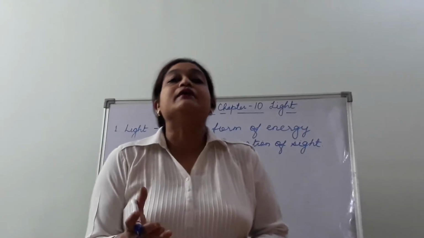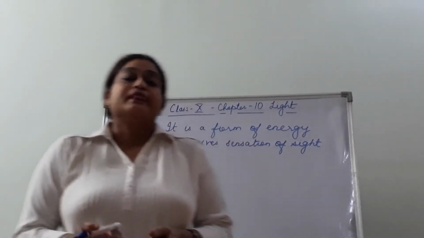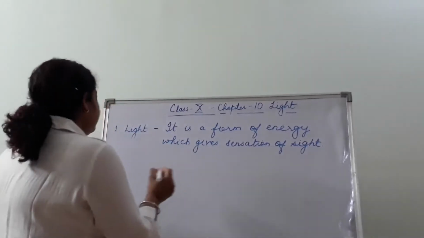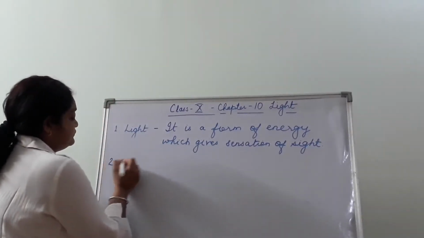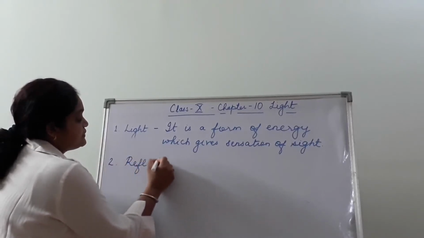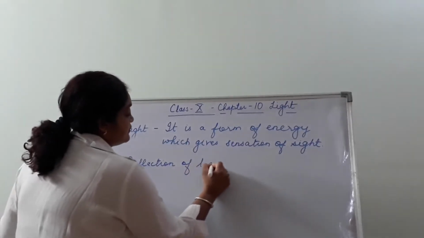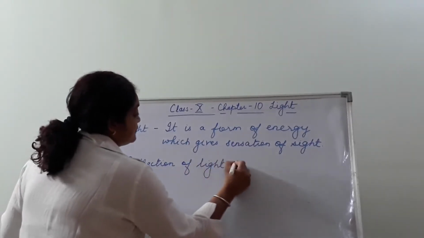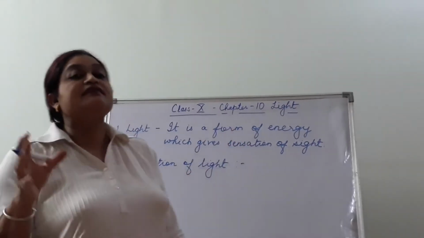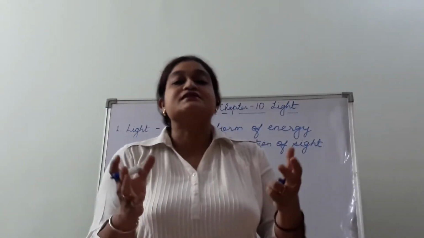Now why are we able to see things when there is light? The next thing is reflection of light. We see things due to reflection of light. Now how does this happen?